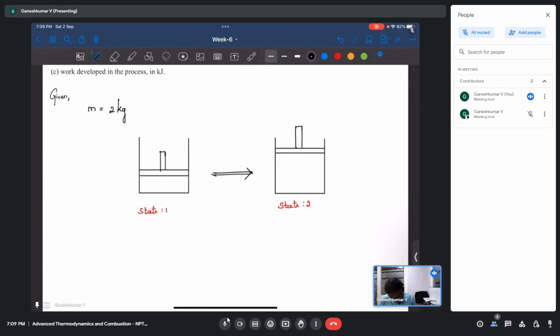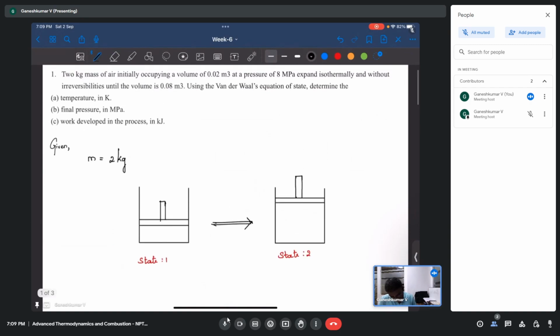Let me write for state 1 what is given. Initially it occupies a volume V1 of 0.02 meter cube, and the pressure inside is 8 megapascals. Then this expands to a volume of 0.08 meter cube.